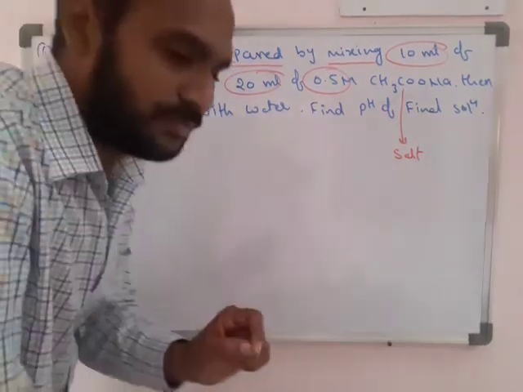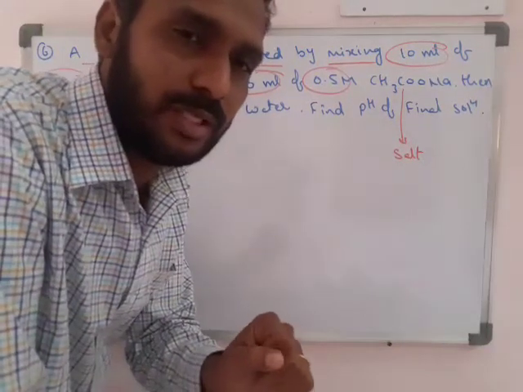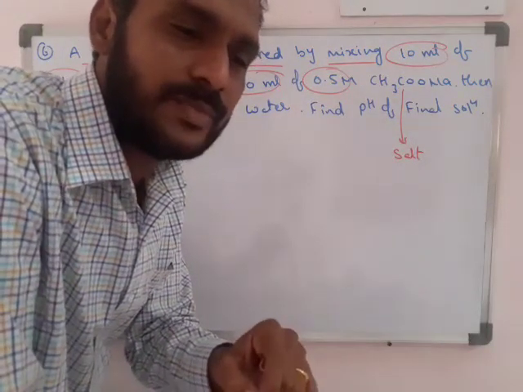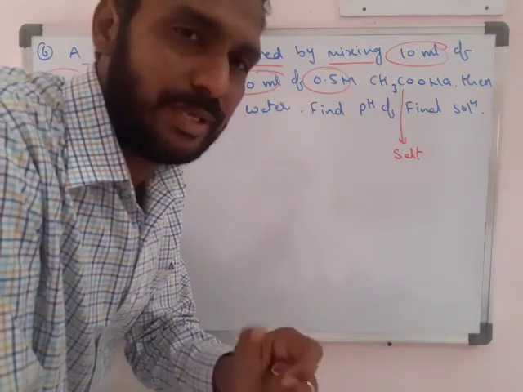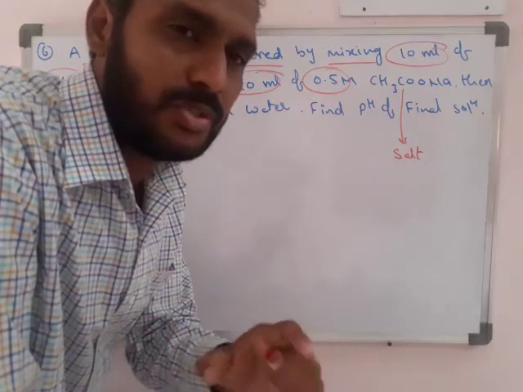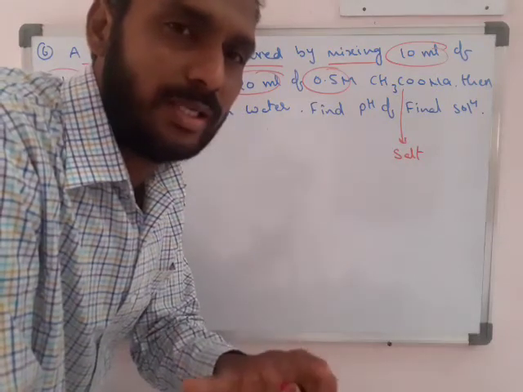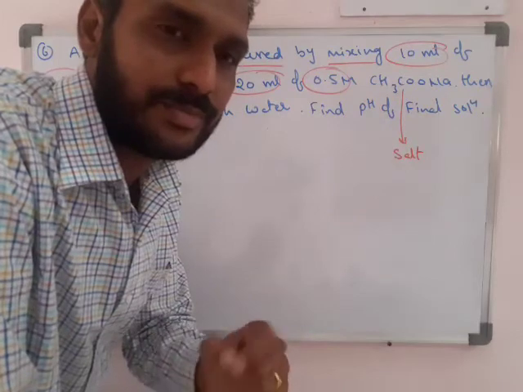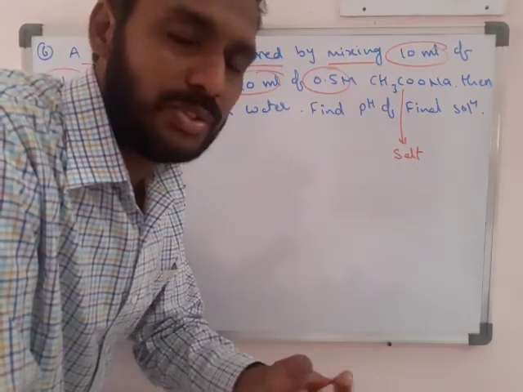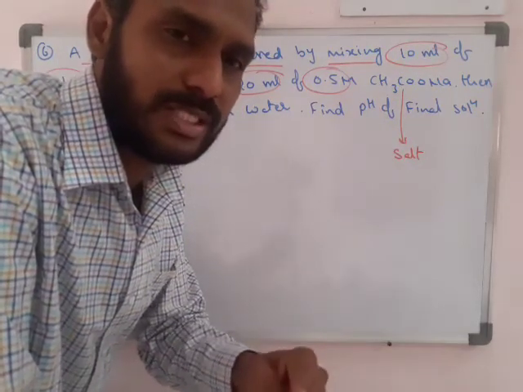So actually, we know in the conceptual points we explained that the buffer solution's pH is not affected by dilution, because on dilution the overall volume of the solution is increasing.